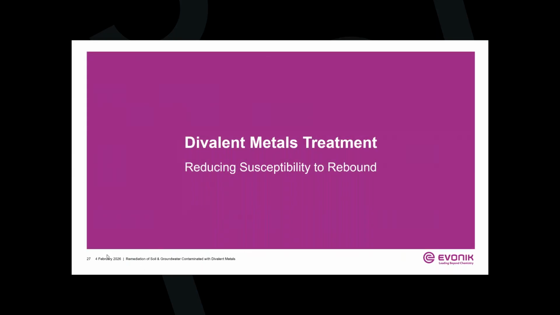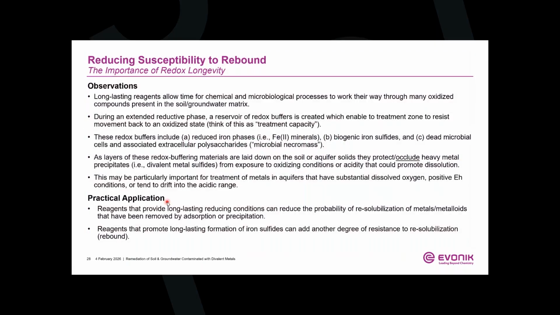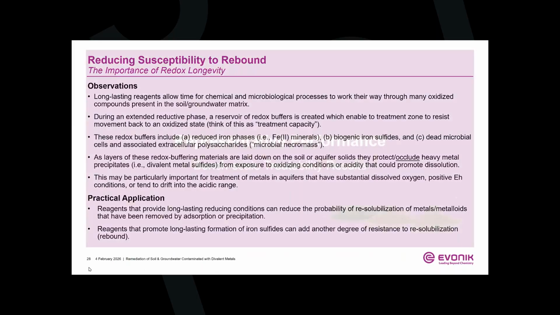And that's the point I really want to make here with this slide. It's important to have long-lasting reagents so that you will get this continued precipitation of iron sulfides on top of the precipitated divalent heavy metal sulfides to lock them in, occlude them, encase them, and prevent rebound.